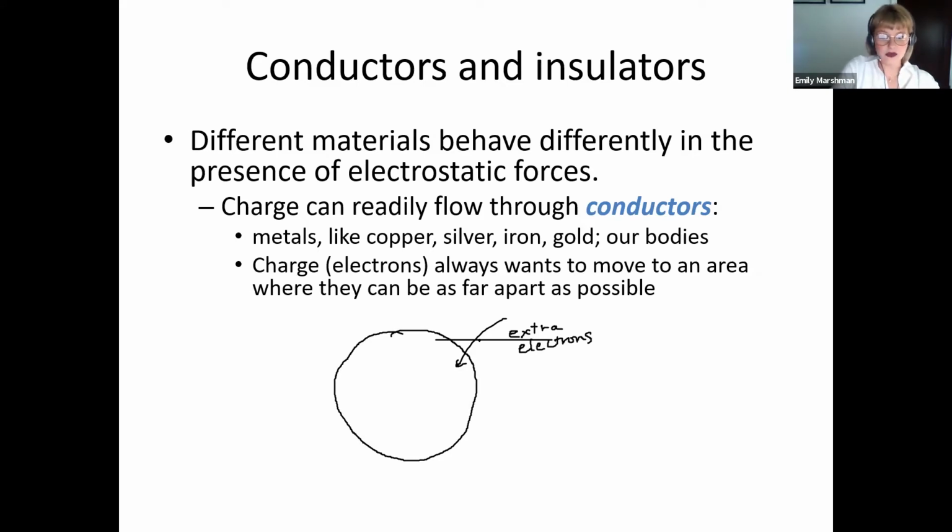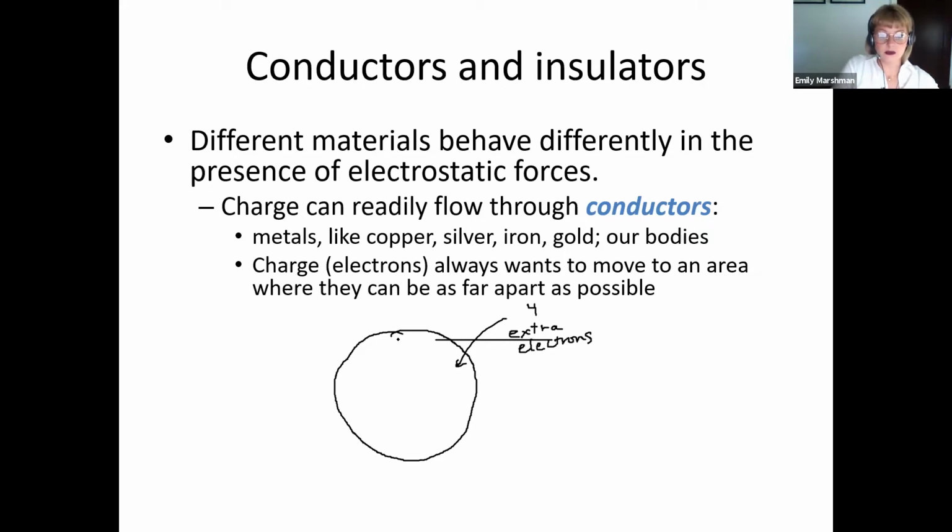And so let's suppose I put 4 electrons on here. I'm just saying, if I have 4 extra electrons placed on this sphere, they're going to repel each other, right? Because electrons repel each other. They're the same charge. They're all negative, so they're going to repel away from each other, and they're going to get as far apart as they can.